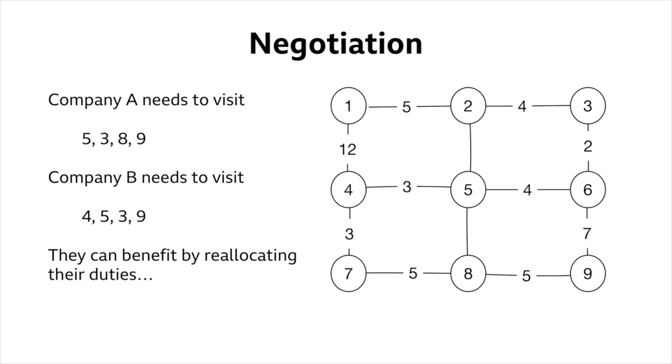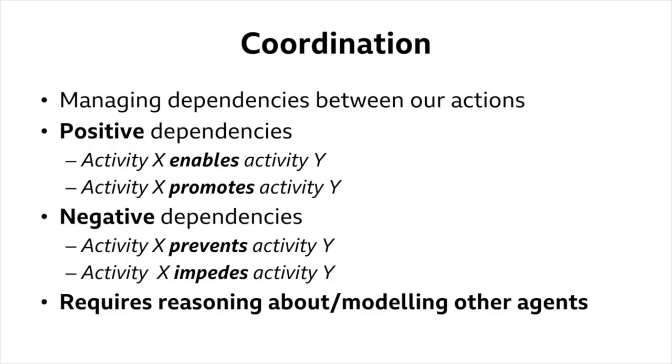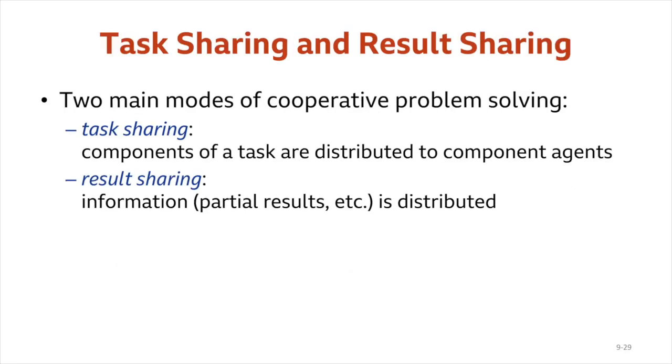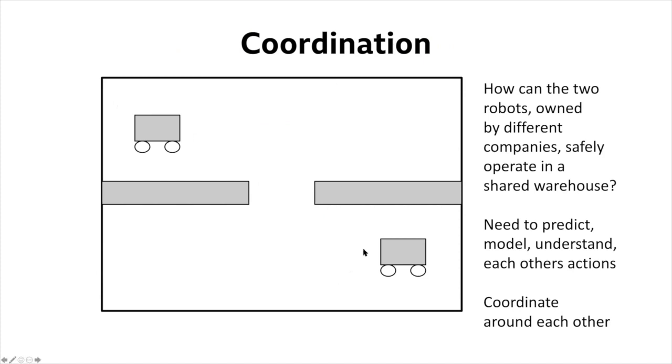And coordination is about understanding the relationships between actions and solving the problem of coordinating activity between agents. This is the scenario we saw in the robotics, where these two robots need to coordinate because they can't guarantee to get their goals achieved if they don't coordinate.